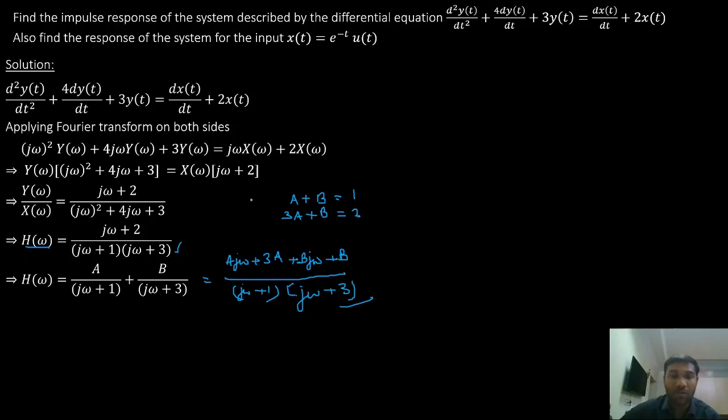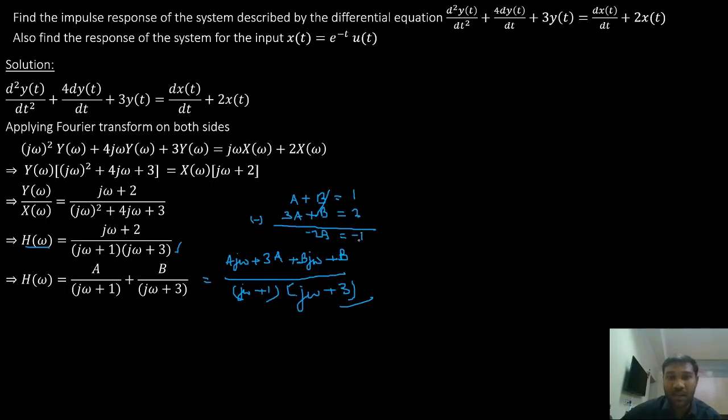Now equating the coefficients of j omega and equating the coefficients of the constant, I got 2 equations. Now what I'm going to do is subtract them. So B and B get cancelled. Minus 2A is equal to minus 1, since 1 minus 2 is minus 1.